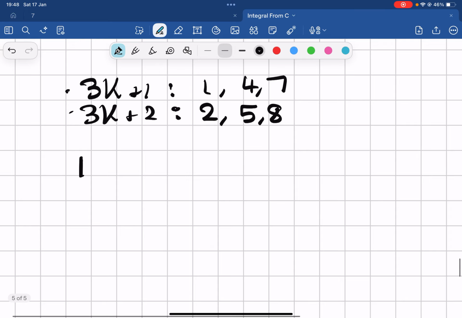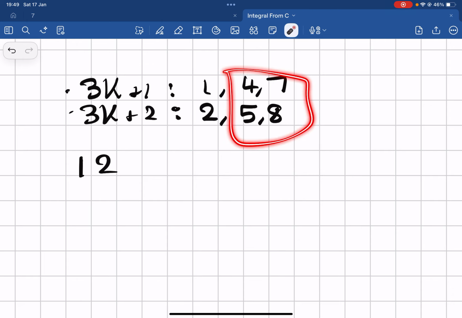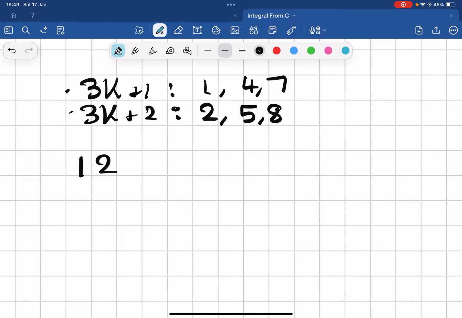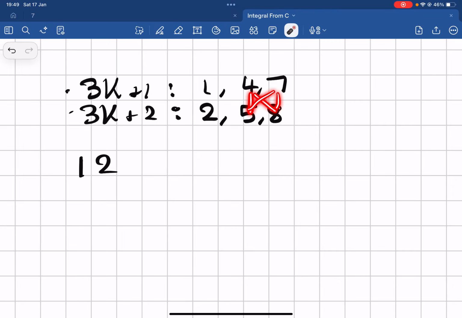Now let's choose 2, the first number from each class. If we form the number 12, how many other numbers can we form? We're left with 4, 5, 7, and 8, and the possible pairs we can make are 4 5, 4 8, 7 5, 7 8.